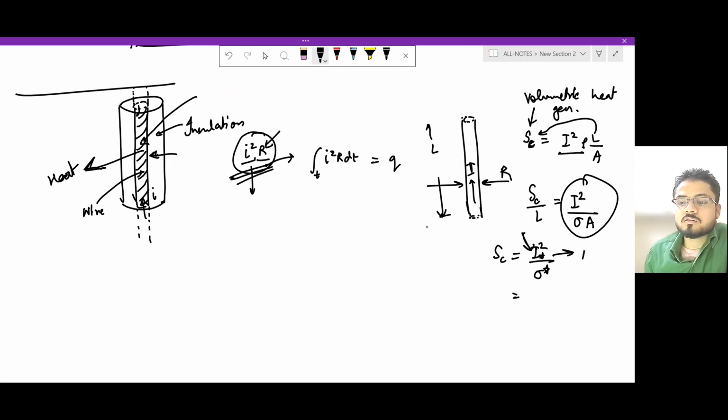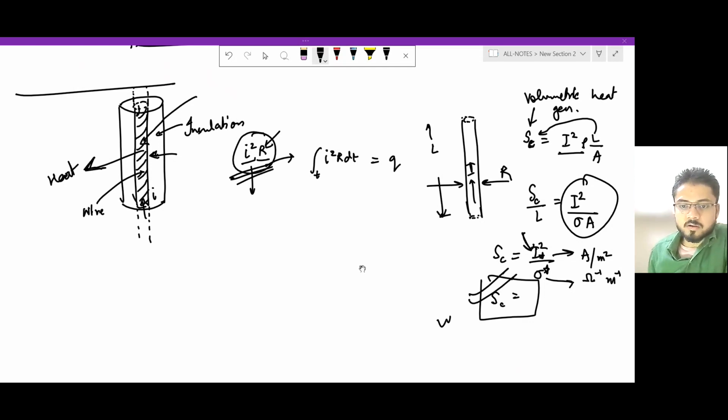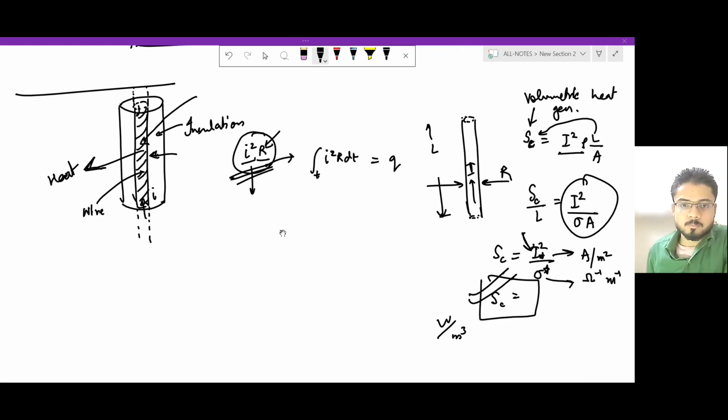This unit is ampere per meter squared, and this is ohm inverse and meter inverse. So you can work out the units by yourself, and you'd be able to get that this is basically in watts per meter cube, something like that.